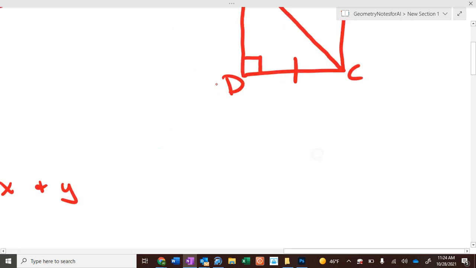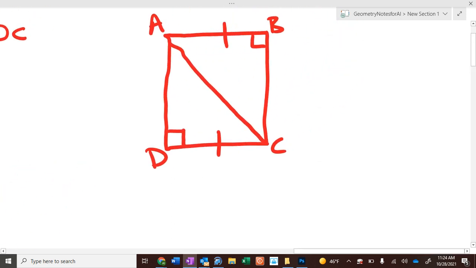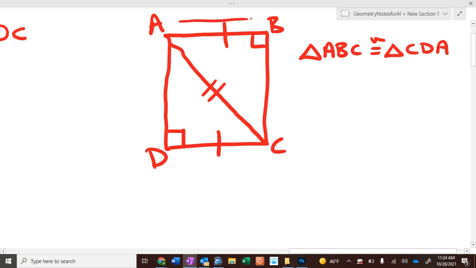AC is reflexive. AC equals AC. So, triangle ABC is congruent to which triangle? CDA, because we go across the one mark side and then the empty side. One mark side, empty side. Okay, why are they congruent?